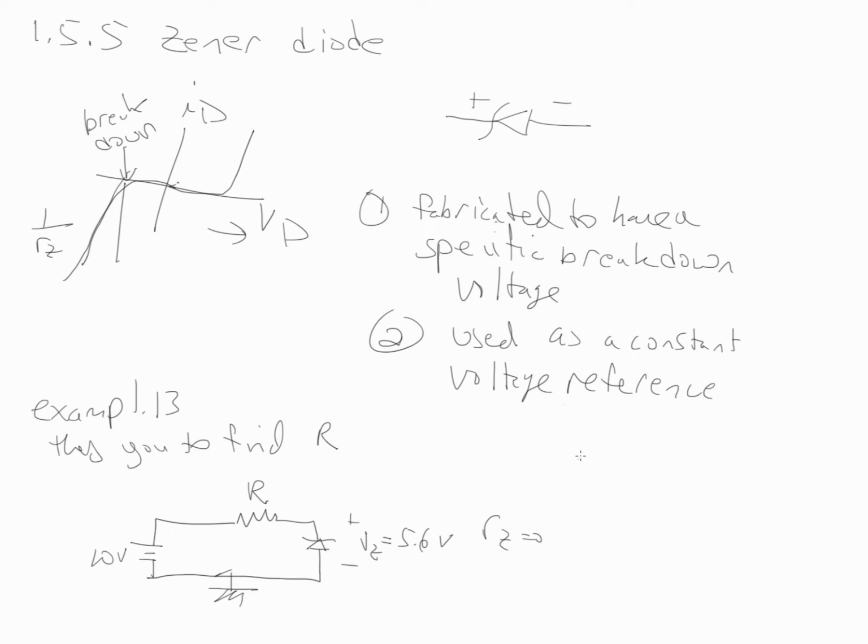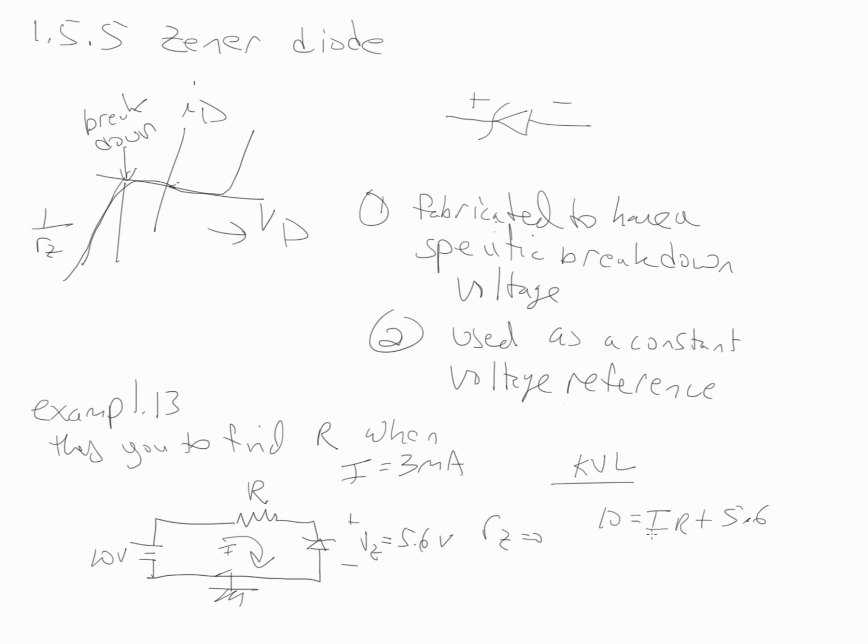And you do KVL again. That's almost all circuit analysis. It always ends up being doing KVL or KCL with a few other twists thrown in once in a while. So you got 10 equals IR plus 5.6. Oh, they tell you as a given when I is equal to 3 milliamps.